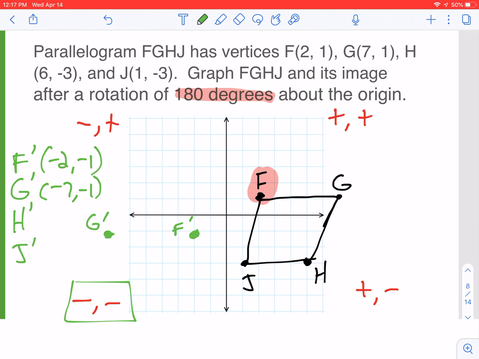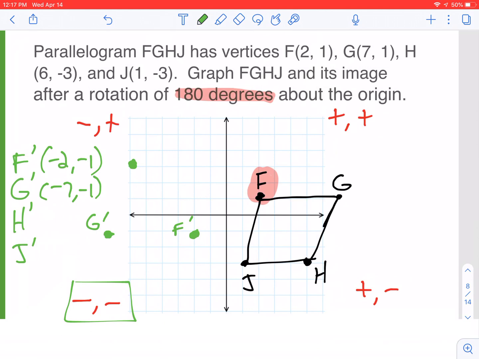Let's look at H. If I rotate H, then it has to be in this quadrant. Why?